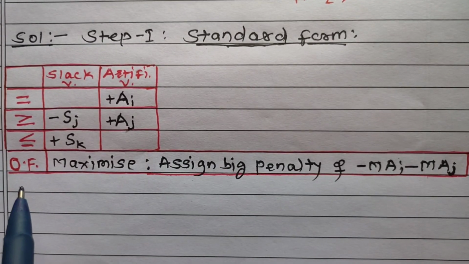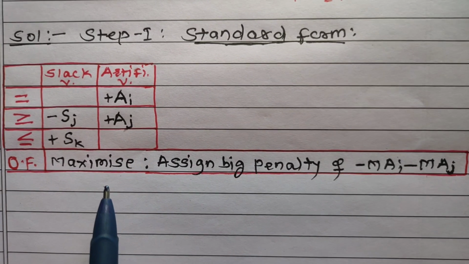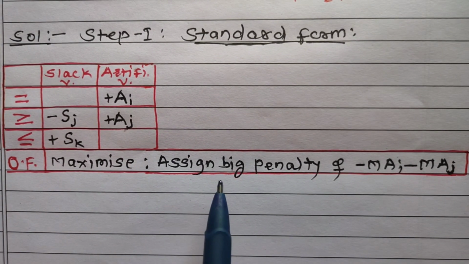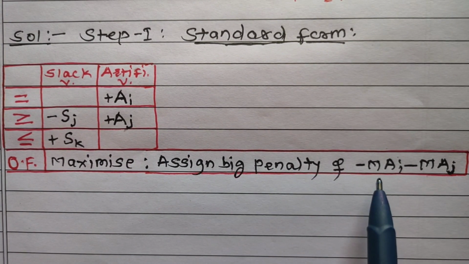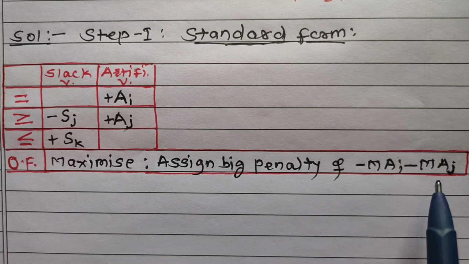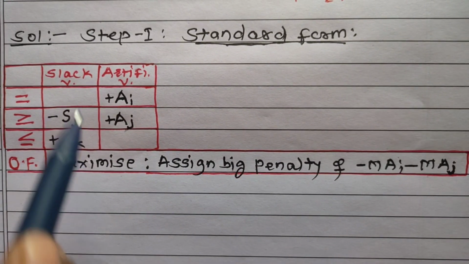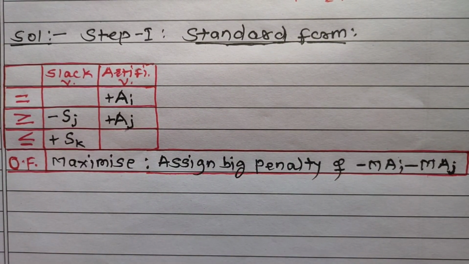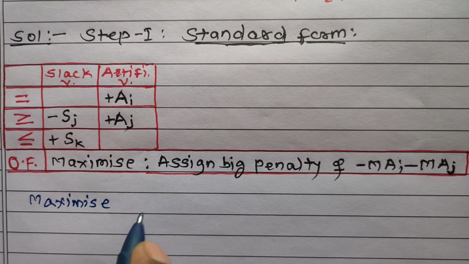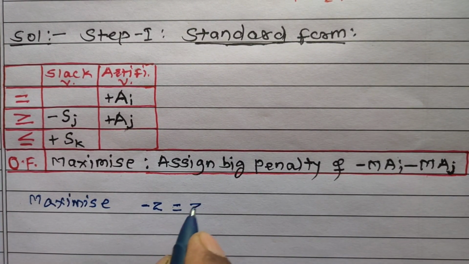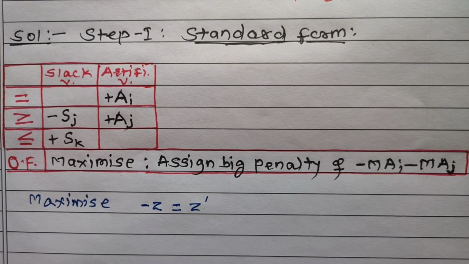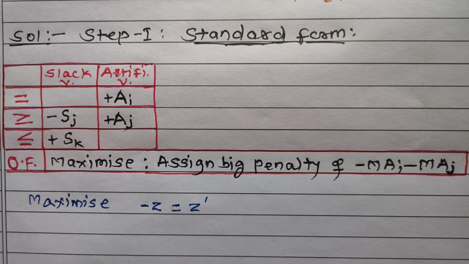Here the objective function must be maximized type, and if it becomes maximized type, assign a big penalty M by subtracting M ai and aj. So the objective function can be written as maximize minus z is equal to z dash, because the given objective function is minimized type, so we have to multiply both sides of the objective function by minus 1.